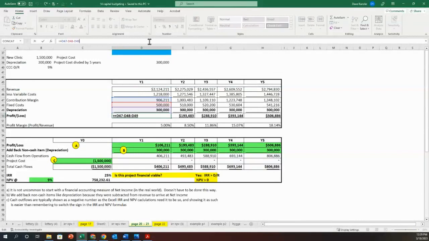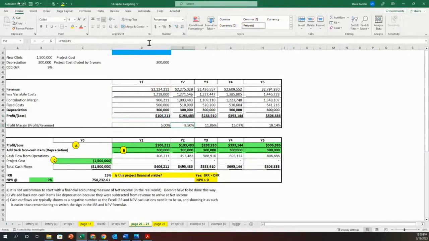Profit is contribution margin, less fixed costs, less depreciation. So the first step is we just do a normal financial model projection like we would normally. You know that I like calculating profit margins, profit divided by revenue. You'll be asked to do this in the homework and final, but nothing you haven't done before.